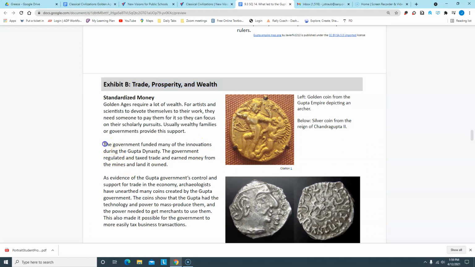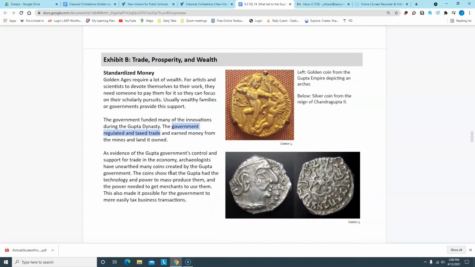So one thing that may be key is government funded many of the innovations or the improvements during the Gupta Empire. The government regulated and taxed trade. So therefore the government earned money from the mines and land it owned.